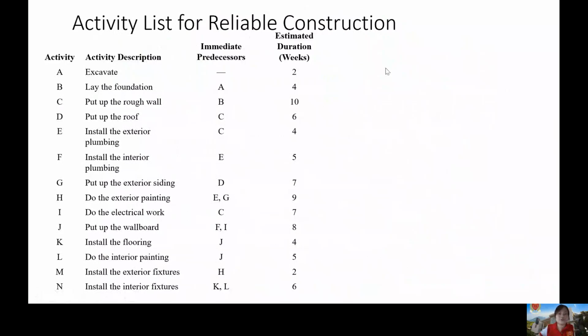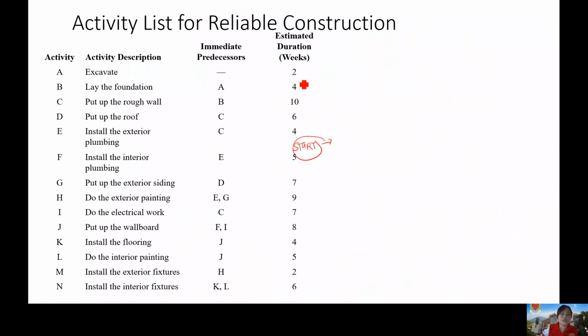Let's create a project network to ensure that we understand the set of activities that Reliable Construction has. Say for example, we'll start here. Start. Okay, let's try to draw the network.